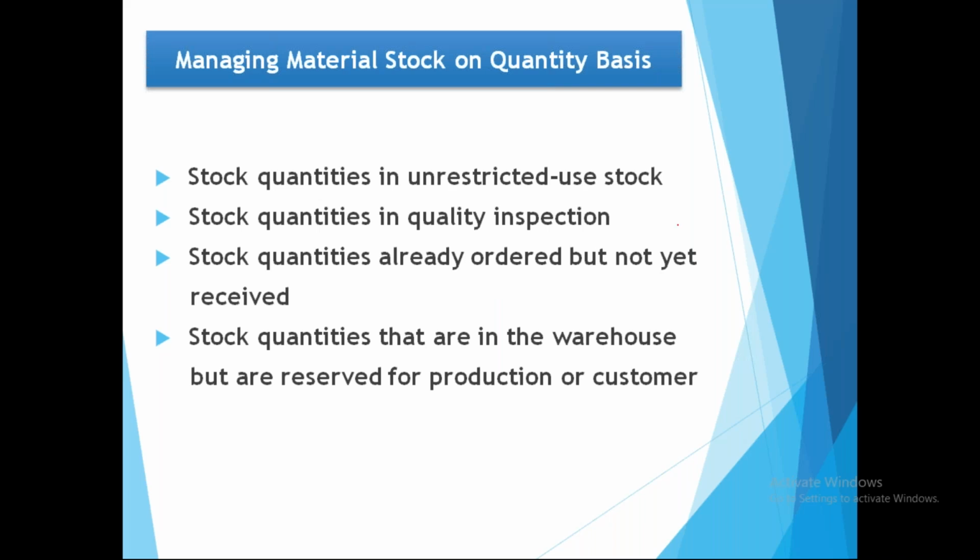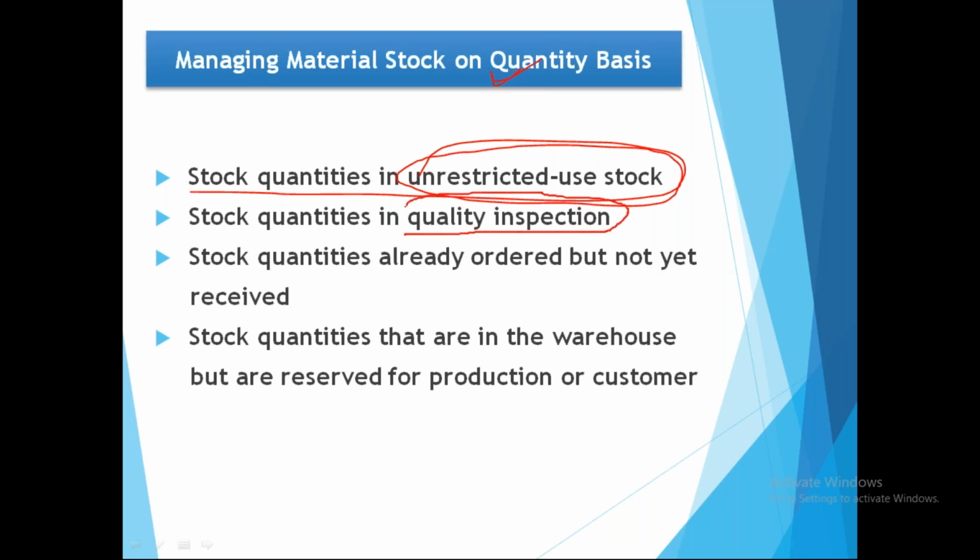Managing the stocks sometimes happens on a quantity basis. Some stocks will be in unrestricted use stock. That means approved stock, which can be used by anybody. Now there will be some stocks in quality inspection. Quality inspection means the quality people have to check the quality of that particular material.